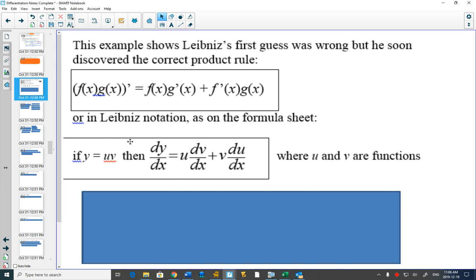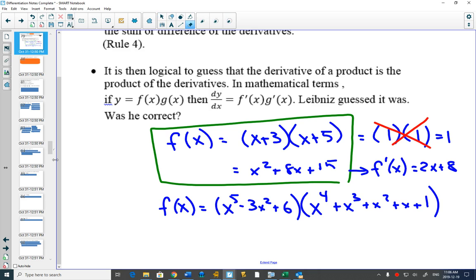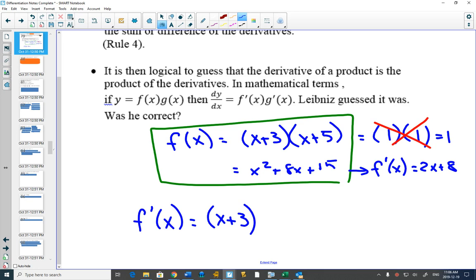So what does this mean with the example that we started with? Okay, I'm going to erase this big one. With the example that we started with, we could have multiplied it out and got the answer to be 2x plus 8. In Leibniz's new rule, he says you can find the derivative by keeping one the same. So let's keep x plus 3 the same and multiply by the derivative of the other one.